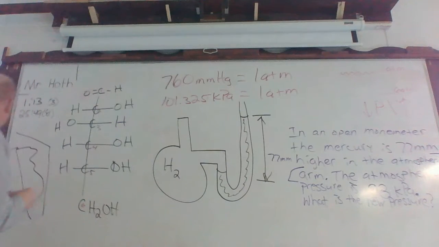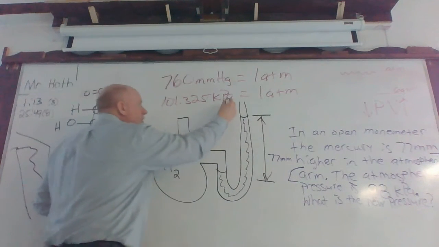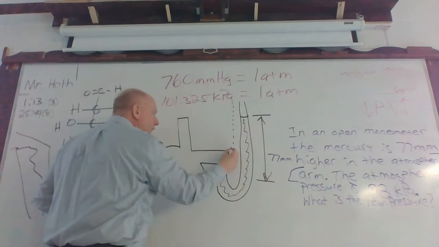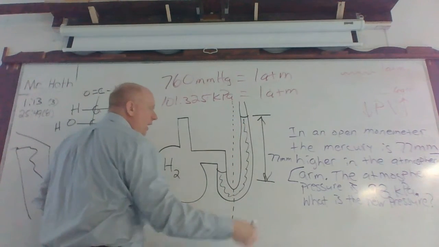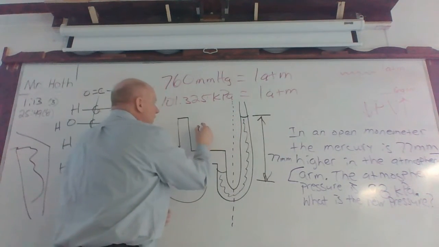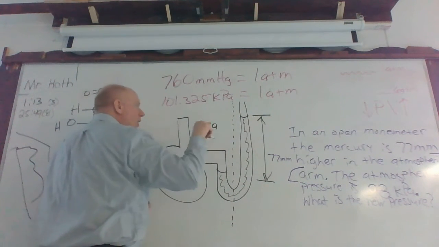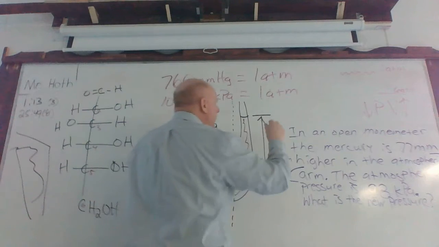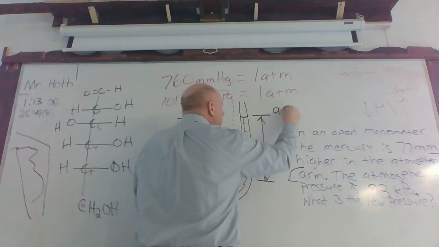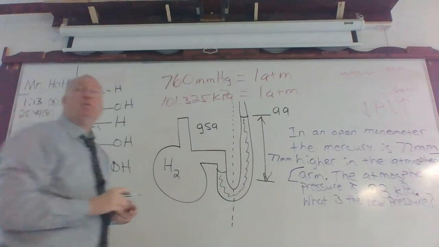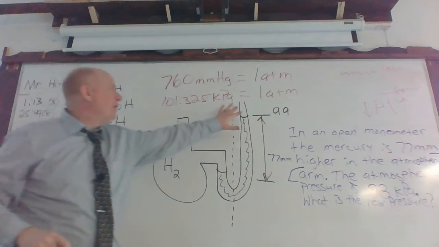And this is why. When we separate these two, just picture a dotted line here, on the left-hand side is the gas sample arm. And on the right-hand side, we see the atmospheric arm. And the reason we say that is this is open to the atmosphere.